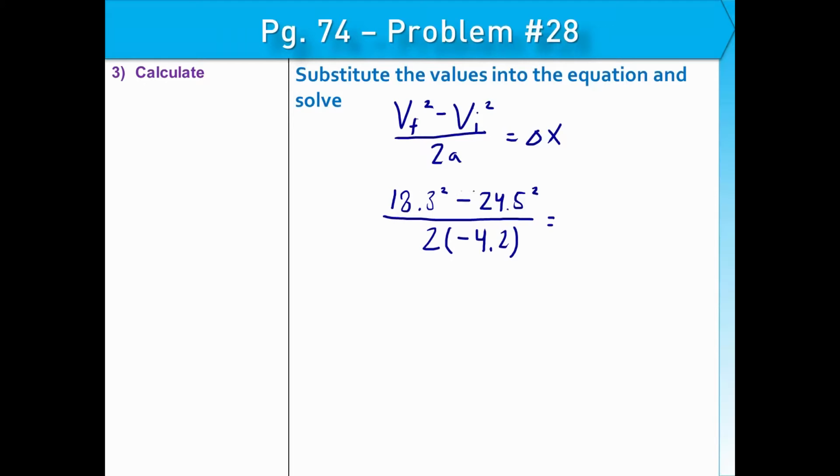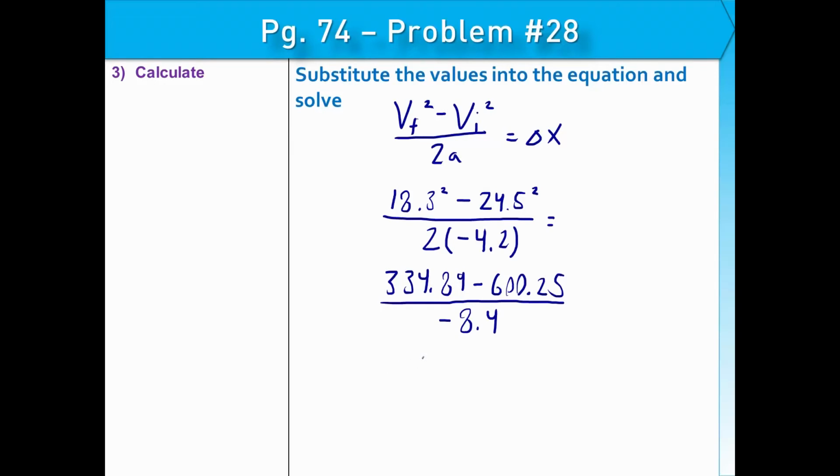I'll go ahead and simplify the top. 18.3 squared turns out to be 334.89 minus 625, all over 2 times negative 4.2. That gives me negative 8.4. I'll go ahead and subtract the two numbers.